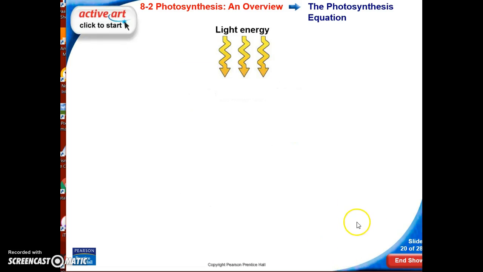So another way to look at this is in this diagram. We have the addition of light energy coming from the sun, and the sun sends that energy in the form of photons. Photons are just particles of light energy. And that light energy goes into those light-dependent reactions. Those light-dependent reactions, if you think back to the diagram I showed you before, are located in the thylakoids.